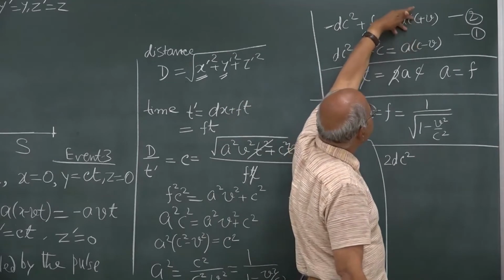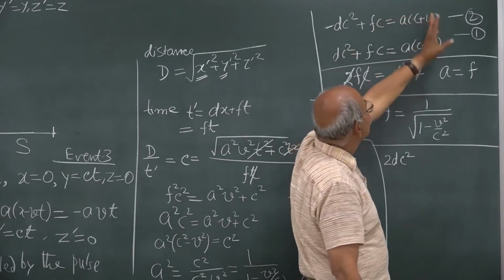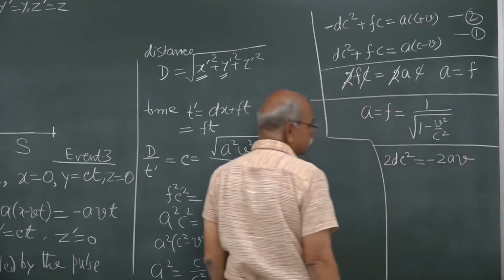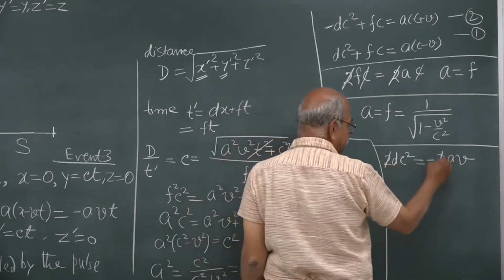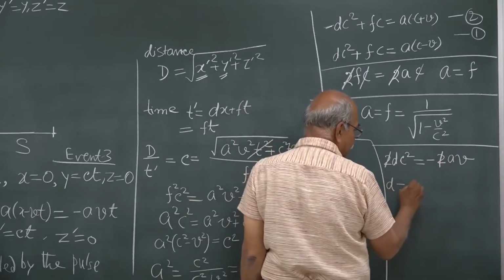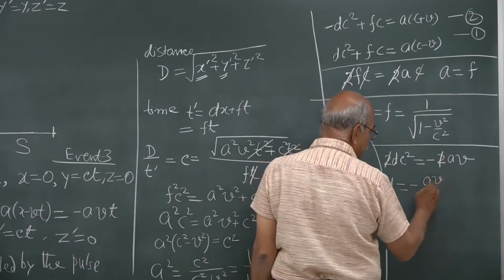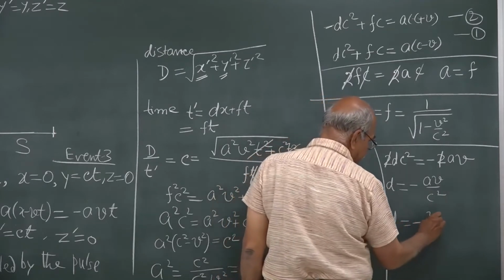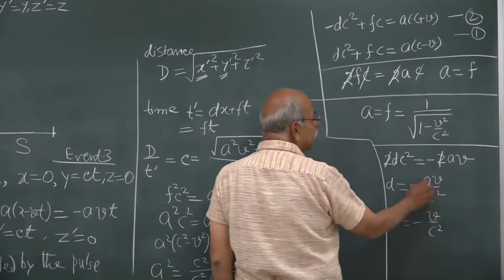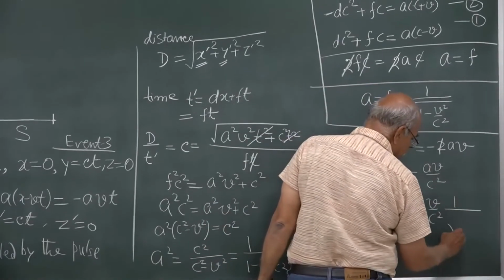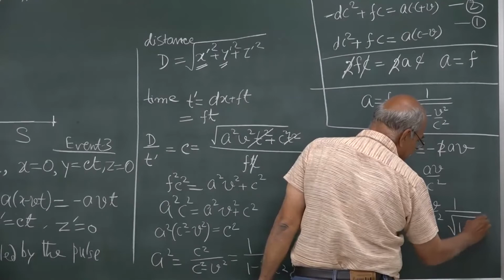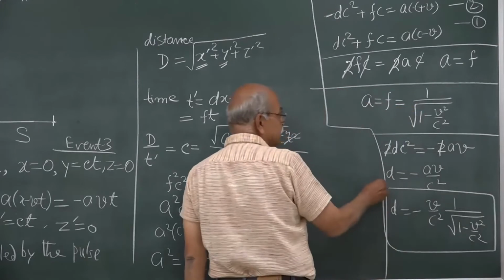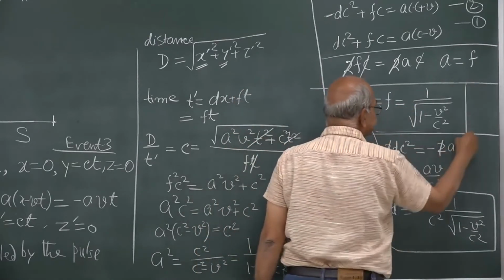So, AC and AC cancels out, and minus AB and minus AB is minus 2 times AB, and hence D is equal to minus AV by C square. So, D is equal to minus V by C square, and then A, and A is 1 by the square root of 1 minus V square by C square. So, I have all the 3 things with us, D is here and A and F are here.